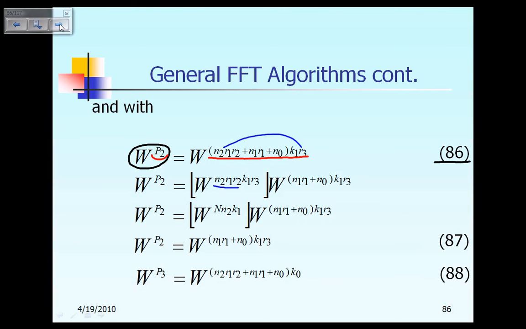This is the first term of the first parenthesis. You multiply with K1R3 as I show you in the blue color. Also, you have the remaining term of the first parenthesis multiplied with K1R3. That is shown as the remaining term of the first parenthesis times K1R3.